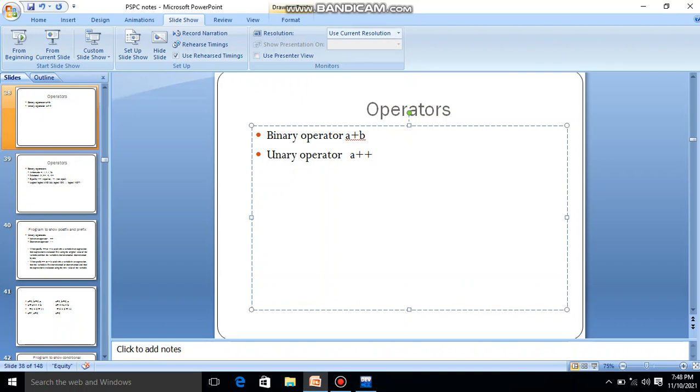Here the increment operator is applied to a single variable or operand, only A. That's why it is known as a unary operator.